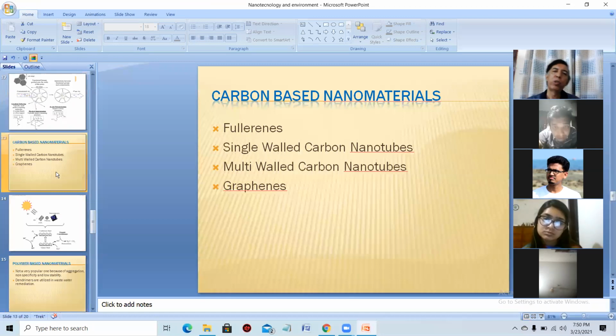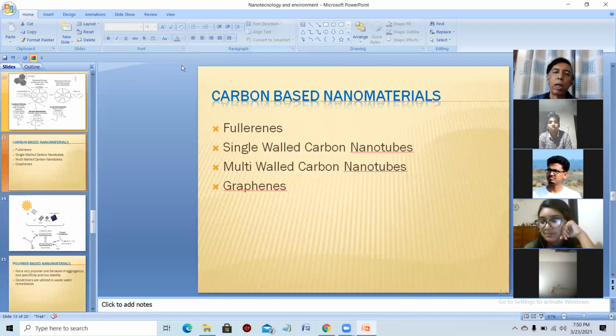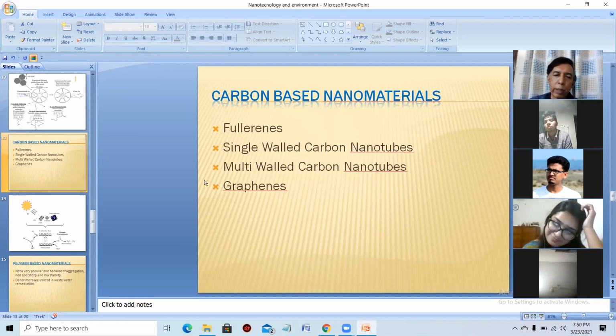We can use another type of nanomaterial: carbon-based nanomaterials. What are the carbon-based nanomaterials? You all know what they are. Fullerenes are carbon-based nanomaterials, single-walled carbon nanotubes, multi-walled carbon nanotubes, graphene.